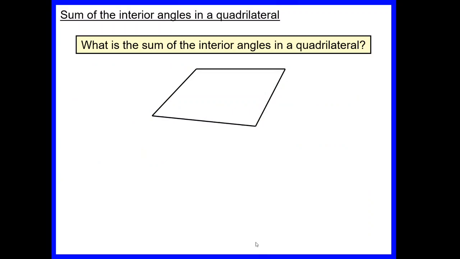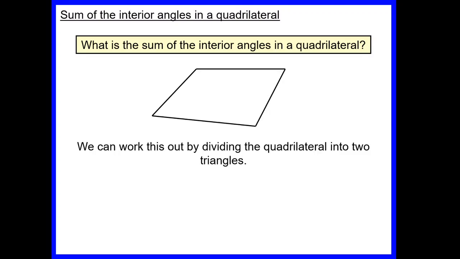Okay, so today we're going to have a look at a quadrilateral. A quadrilateral is a four-sided shape. So we need to know the sum of the interior angles in a quadrilateral. To help us work that out, we can split our quadrilateral into two triangles. If we draw a diagonal line from one corner to the other and split it into two triangles, we've got that first triangle there, which I've labelled ABC.